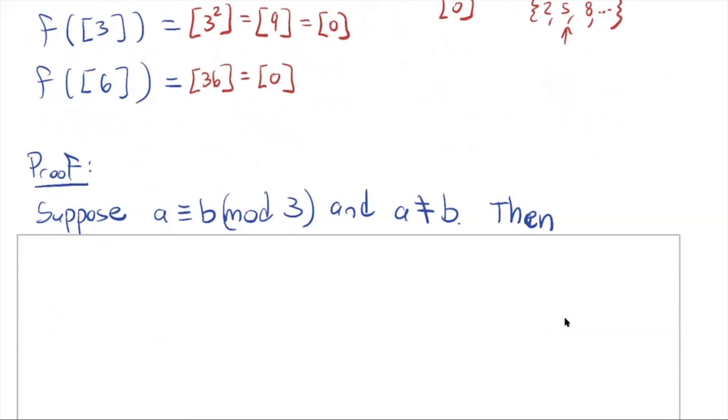What we want to start with is, let's say I've got two things such as 3 and 6, but I'll do this more generally now, that are in the same equivalence class, but are not equal to each other. That would be like 3 and 6, 0 and 9, whatever. And what I'd like to show is that both of these things, their image is in the same equivalence class in the codomain.